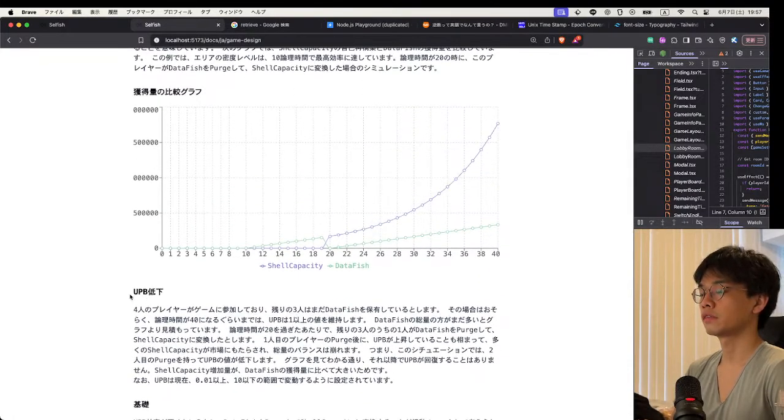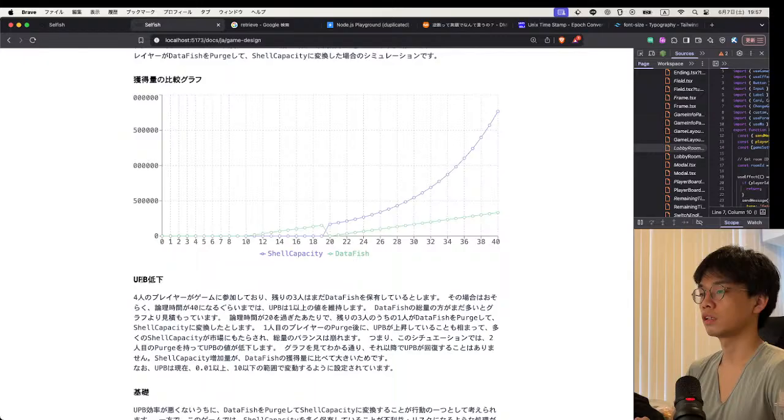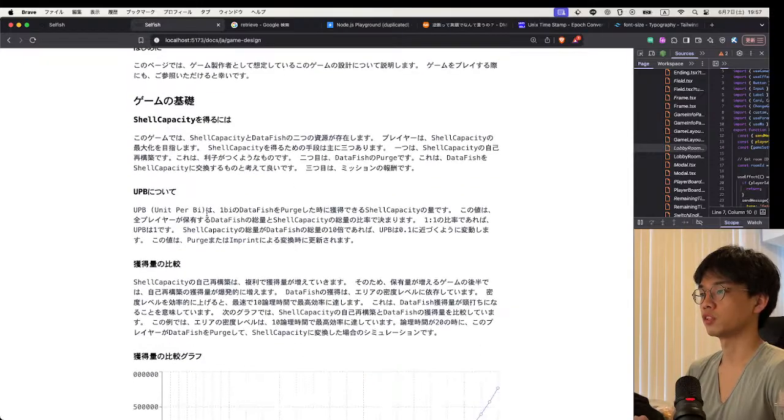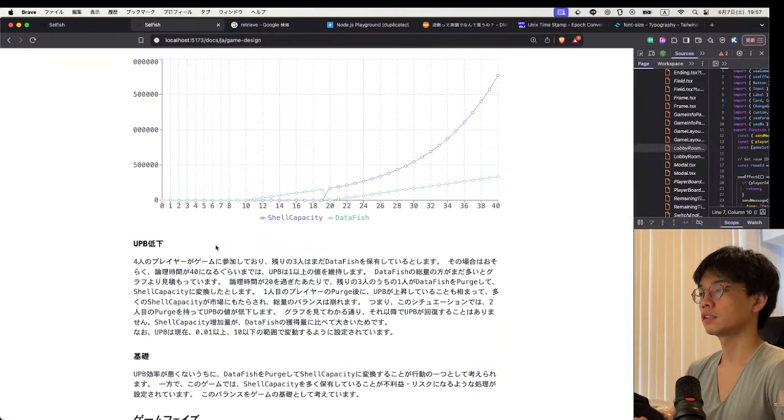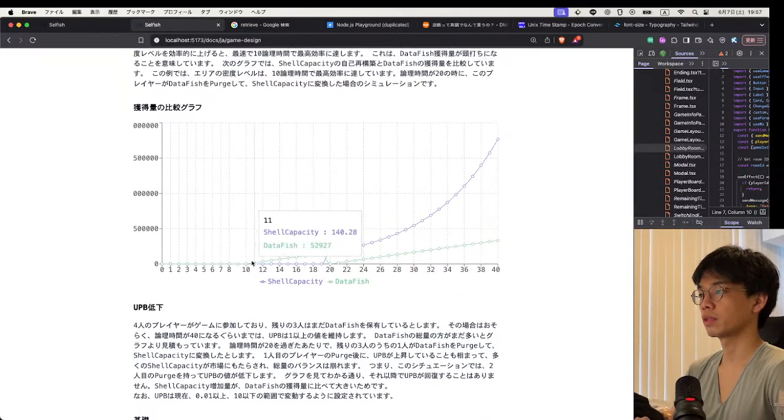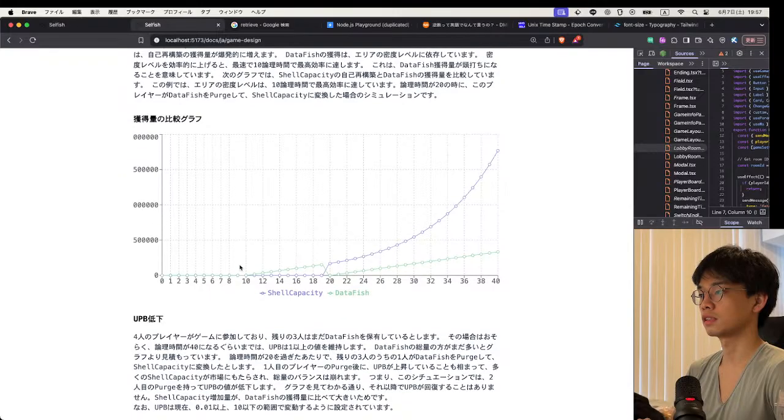And the reduction of UPB. UPB means unit per BI. Let's think about the situation where 4 players joined the game, and the first player is playing like this.